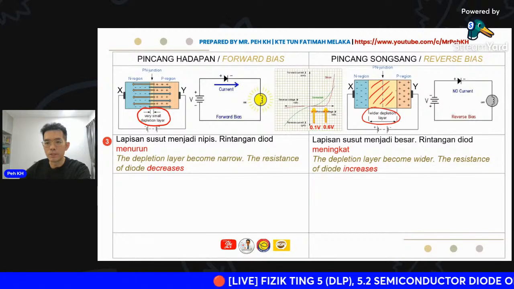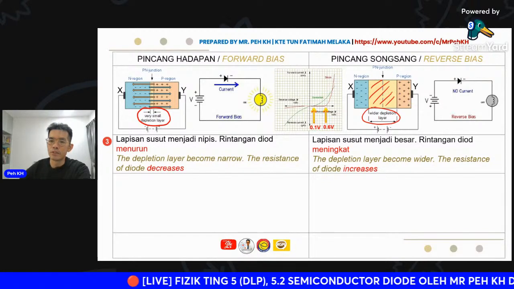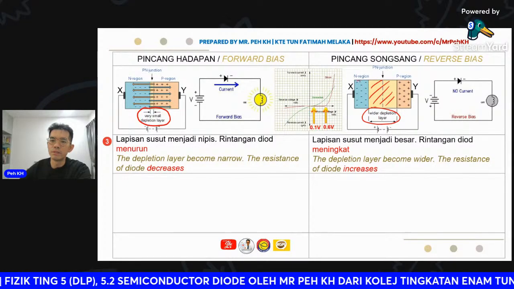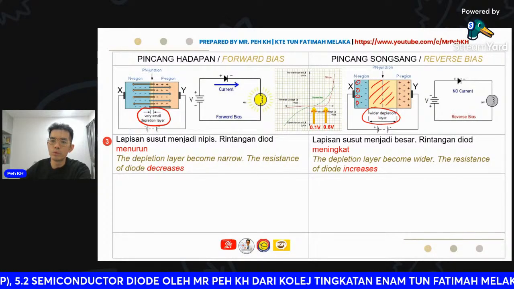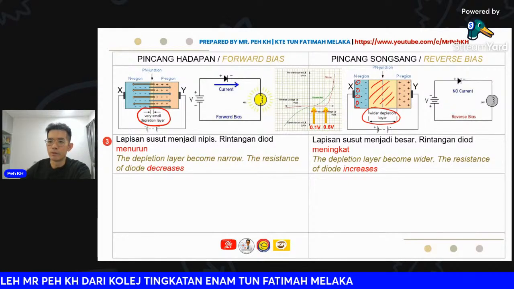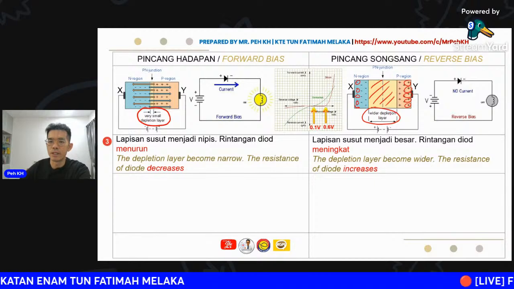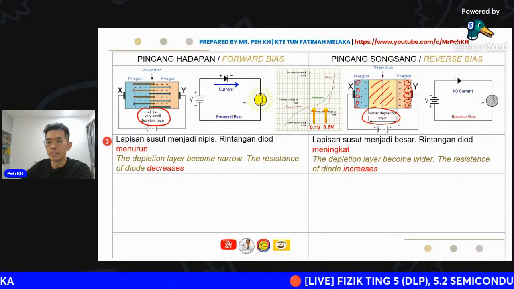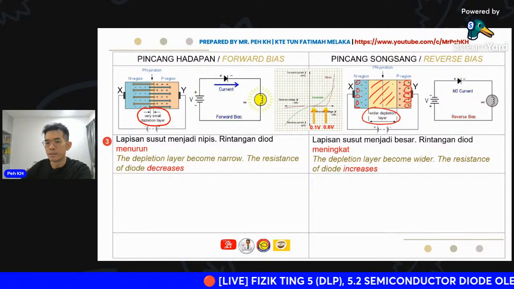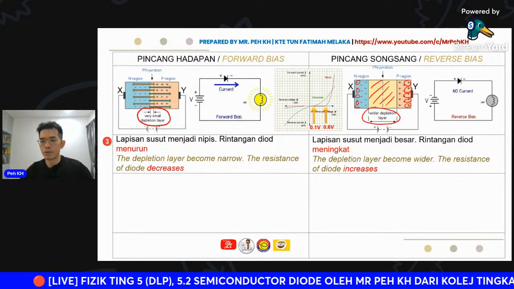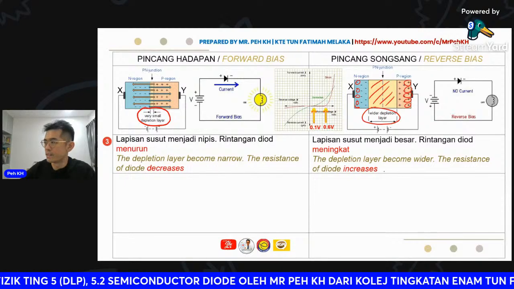This is because the electrons from the N region are pulled away from the junction. For the holes, it is also the same, they are pulled to the other side. So this causes the depletion layer to become wider. When the carriers are not able to cross the junction, the resistance will be higher.